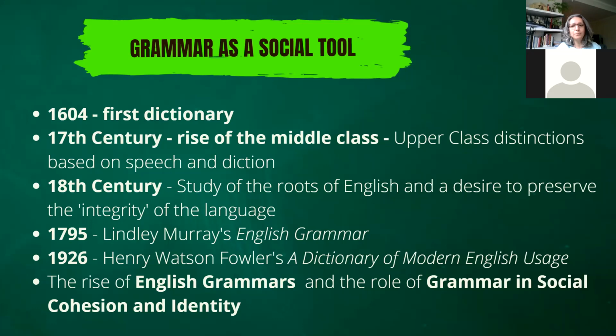So this is a way of deriving identity. So using grammar in a certain way within a group helps you belong to that group, and it helps that social cohesion. But also, if you come from that group, it is part of your identity.